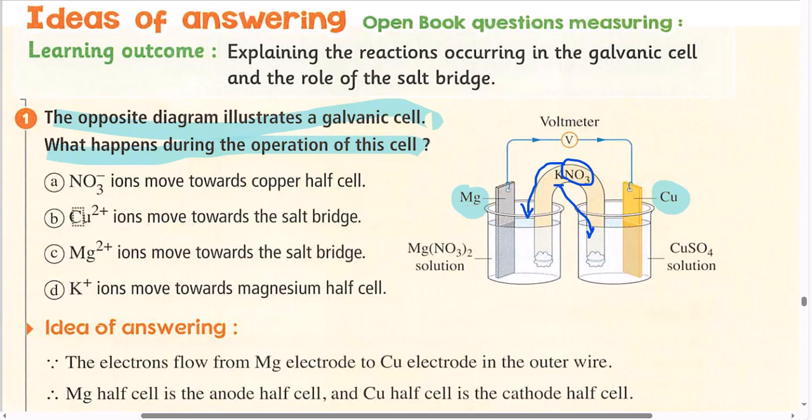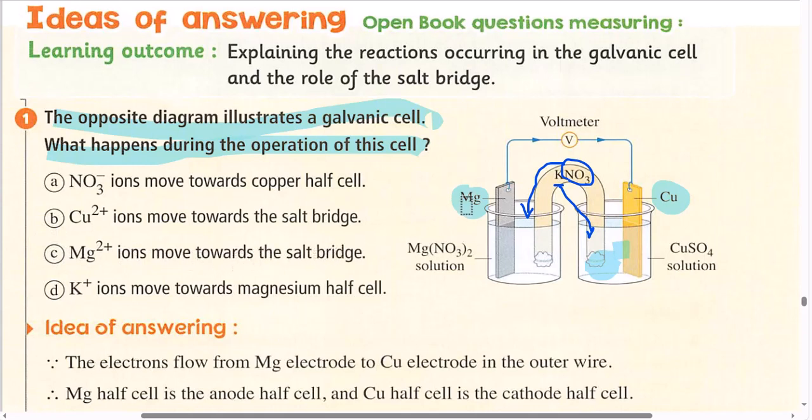Okay, copper positive 2 ions move toward the salt bridge? No, copper in this solution will be reduced and precipitated on the copper electrode. So it is wrong also. Next, magnesium positive 2 ions move towards the salt bridge.